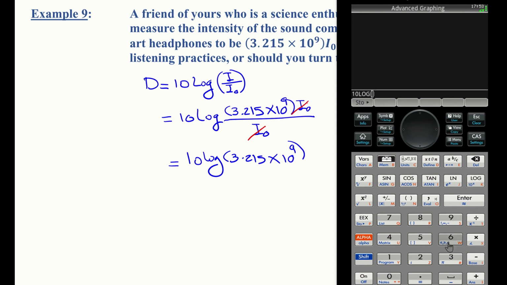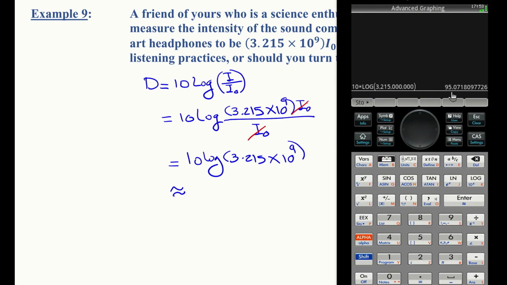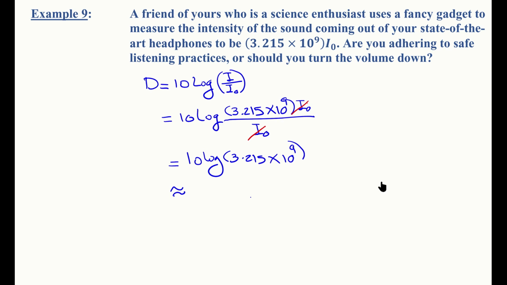So log of 3.215, and we'll go ahead and utilize this button times 10 to the 9, and we go ahead and hit enter. So the decibel level of the sound coming out of your headphones, if we just go ahead and give it to the nearest whole number, is around 95.